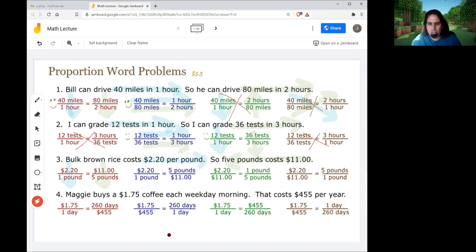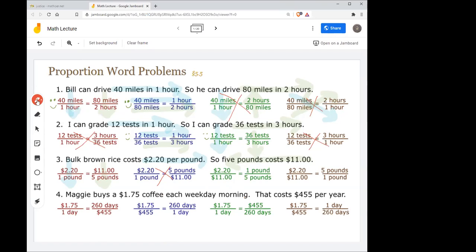Okay, blue one. That one's wrong. 2 times 11 is a lot more than 5. Green one. It is right.